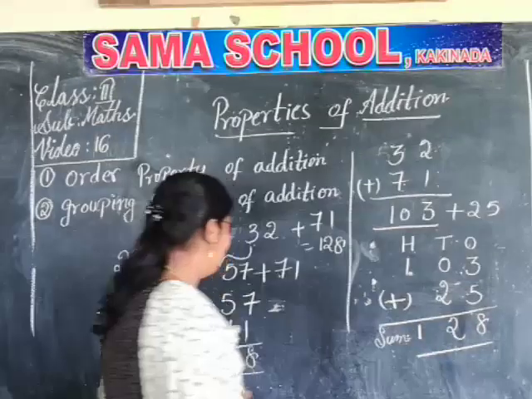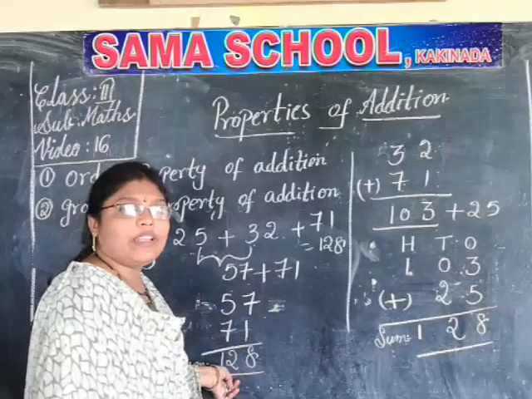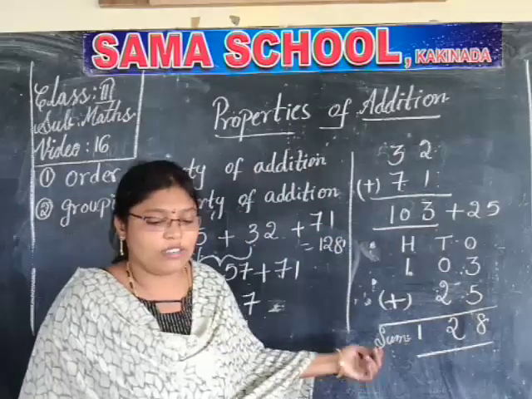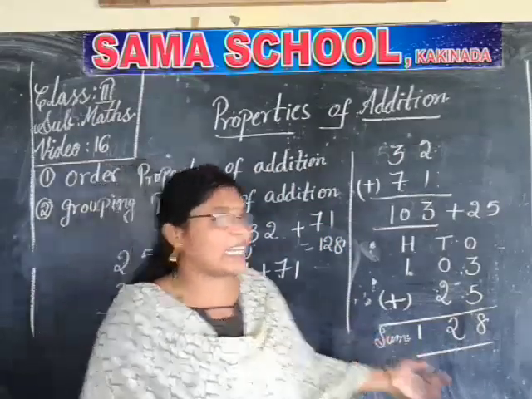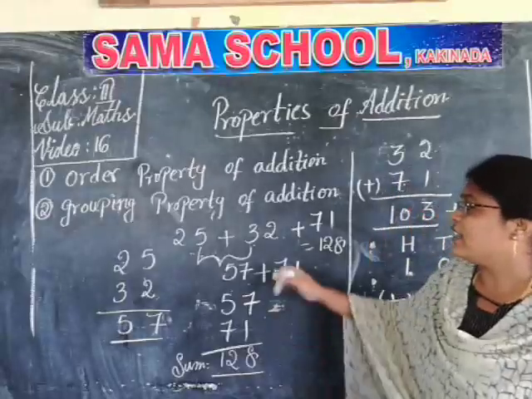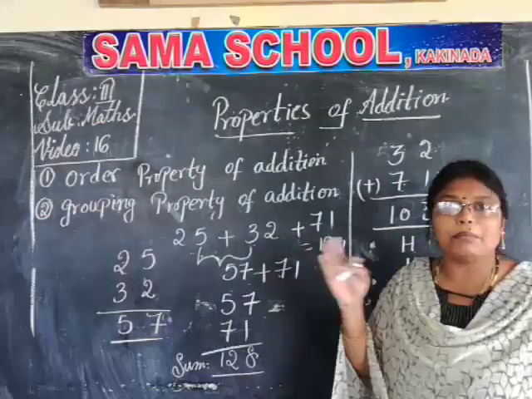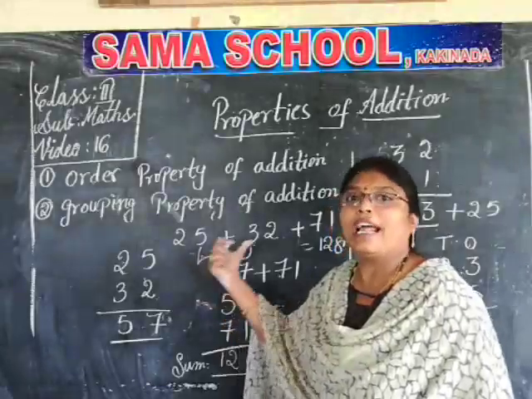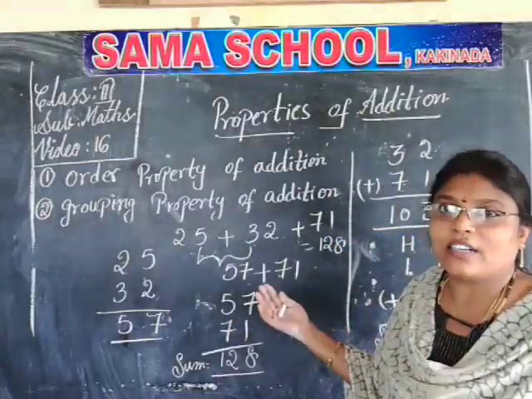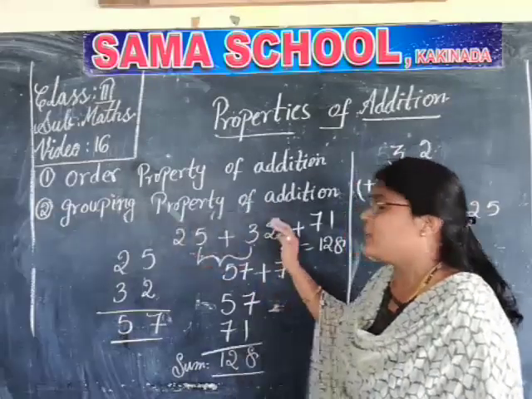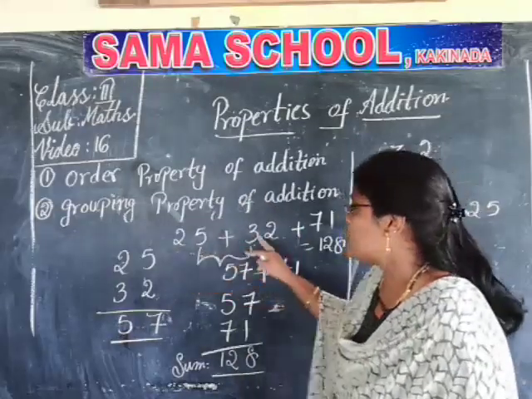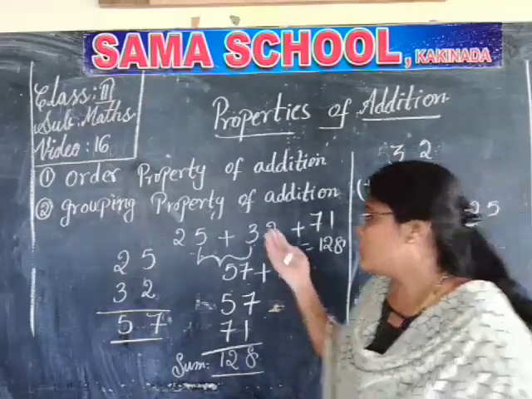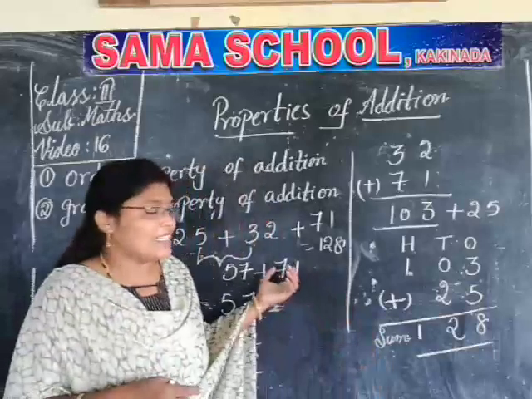So by this, here also we got 128 and here also we got 128. So what do you understand? Whatever the numbers you add, when 3 numbers are given, you can group any 2 numbers and add the third one later. You can add any 2 numbers first, whether these 2 or these 2, and then add the next number to the answer.